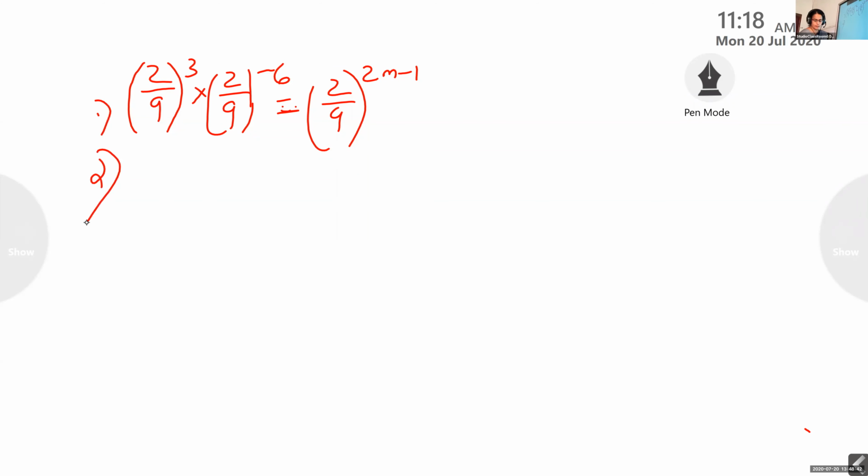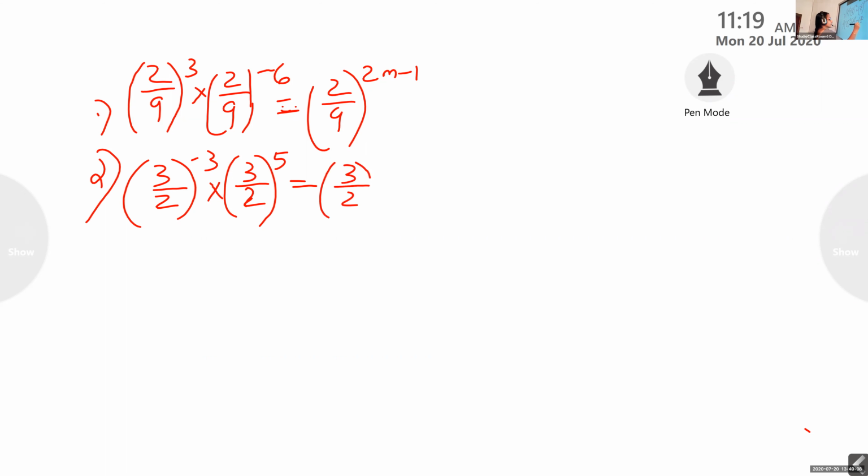I'll give another one. 3 by 2 raised to negative 3 into 3 by 2 raised to 5 equal to 3 by 2 raised to 2x plus 1.